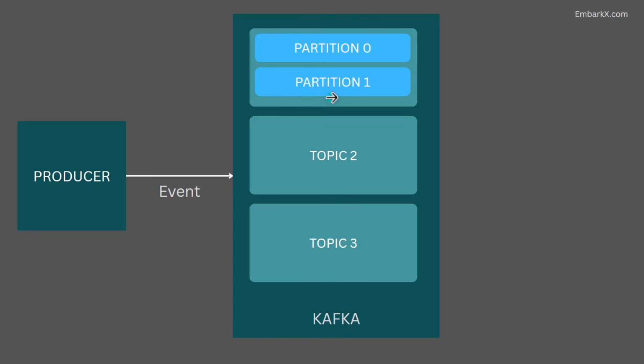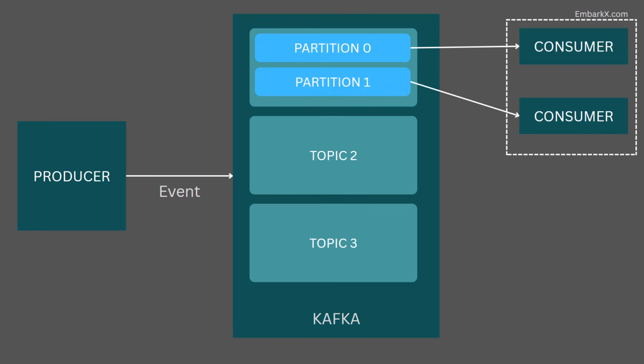Now going further, you also have the concept of consumer groups. If you have partitions, you would need a team of consumers sharing the message load. For example, if 1 million orders have been received, 1 million events will be sent to this particular topic in different partitions. So you should have a team of consumers consuming the messages quickly. In that case, you can have consumers that are grouped together.